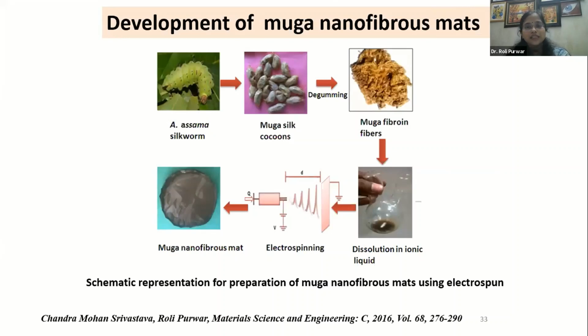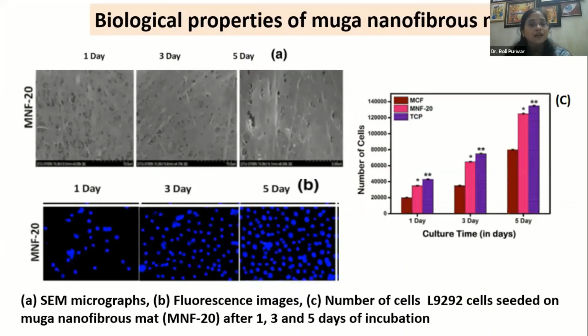When we tested it biologically, to see how cells grow, we found that within 5 days the L929 fibroblast cells had grown on the surface of the nanofibrous structure, almost similar to the control. So we can grow skin cells very well over the surface of these non-woven structures.